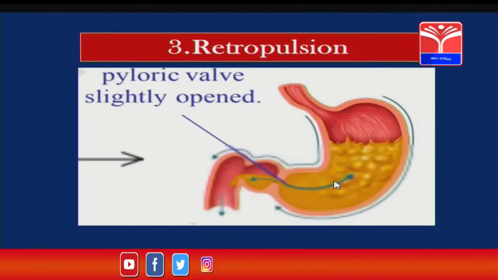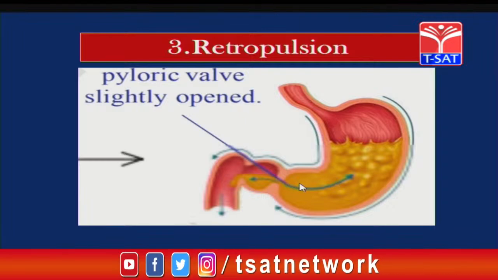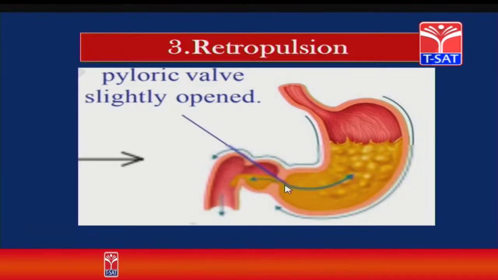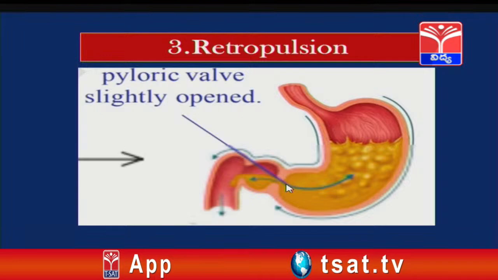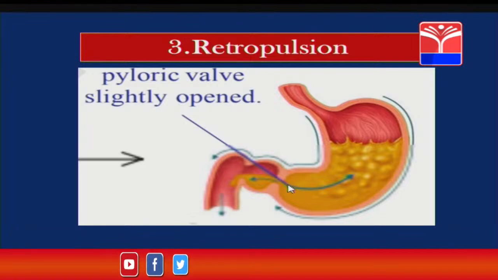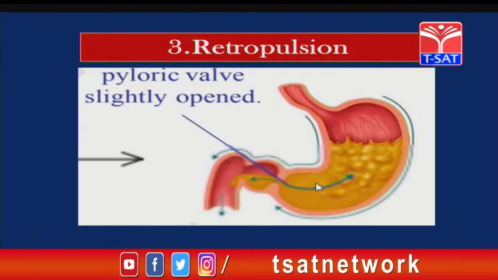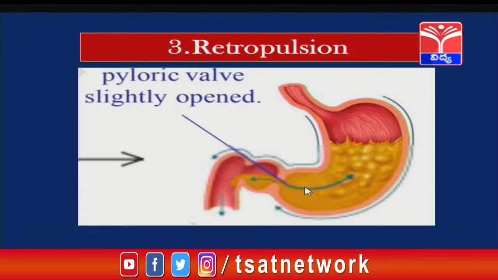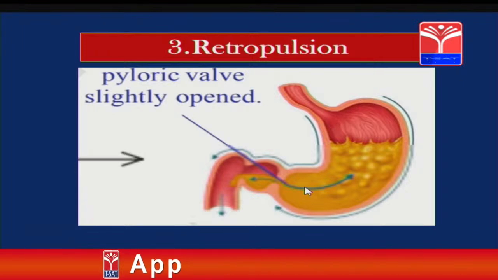During the process of retropulsion, after the complete digestion in the stomach, what happens to this pyloric valve? It is relaxed. As it receives the signals from the brain, it relaxes a bit. During this time, the contents present in the stomach become a soft slurry mass or porridge-like material called chyme.